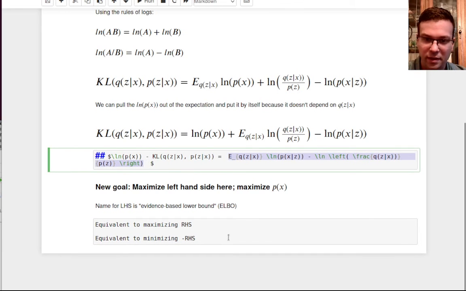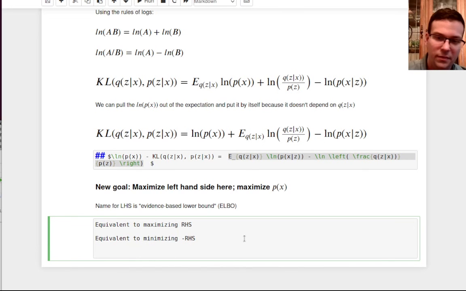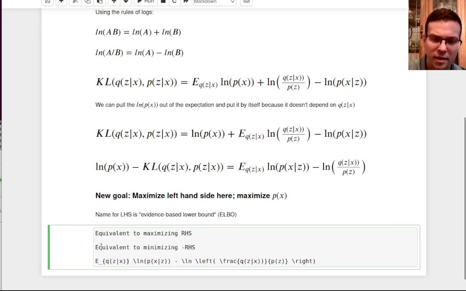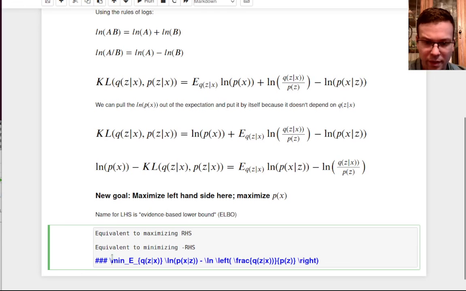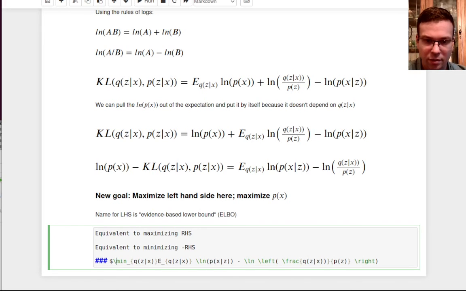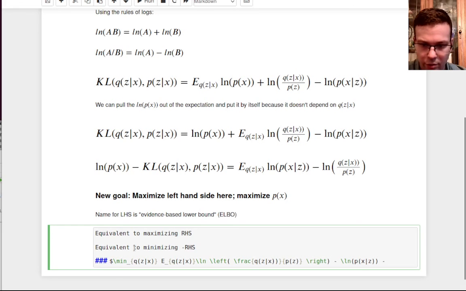If I take this out and I take the negative of it, I'm saying, maximizing the evidence-based lower bound, getting as close as I can to the probability of x, is like minimizing over this choice of a posterior likelihood approximation, the expectation of this natural log minus the natural log of p x given z.